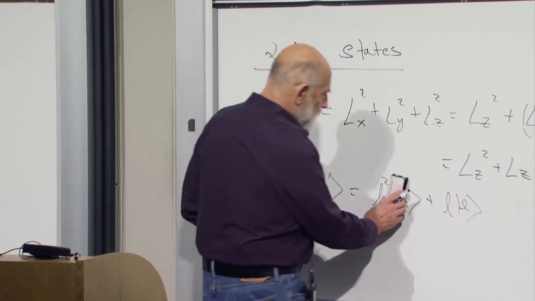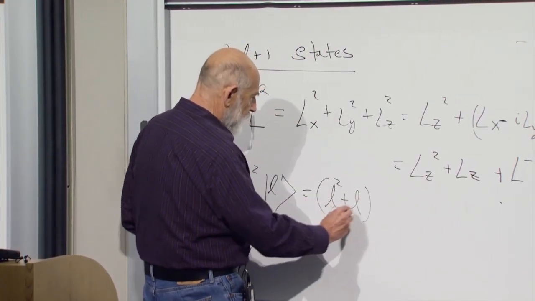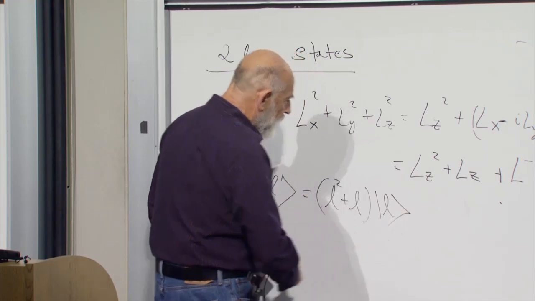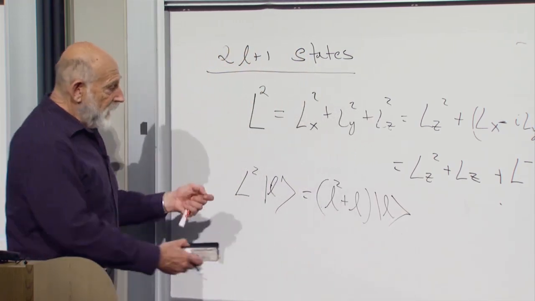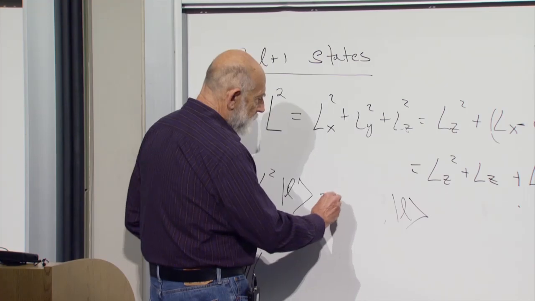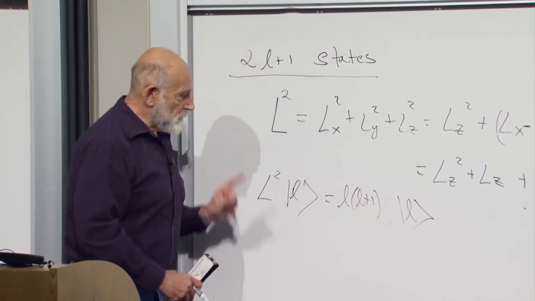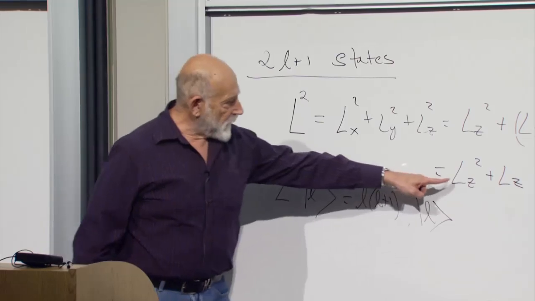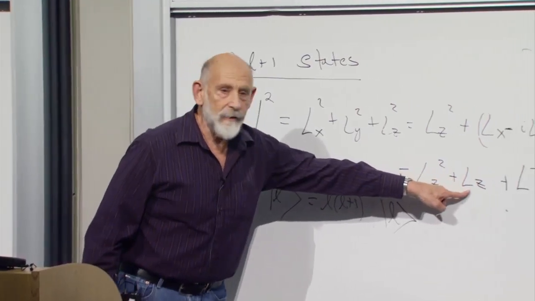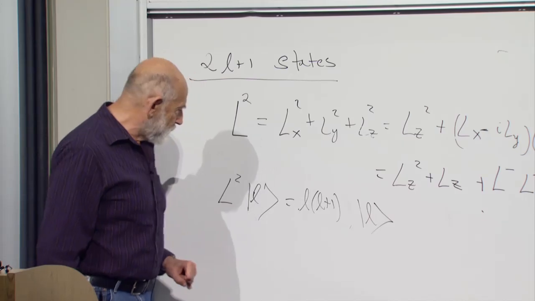Let's write it down. L squared plus l times l. Or better yet, l times l plus 1. Just to remind you where it came from, an l squared came from here, and an l came from here. l squared plus l is l times l plus 1.